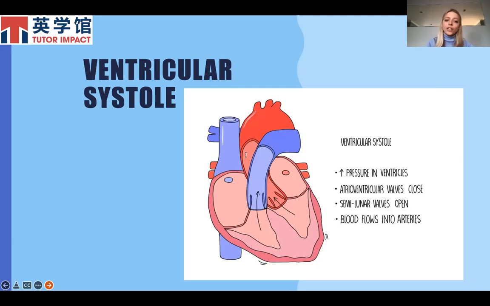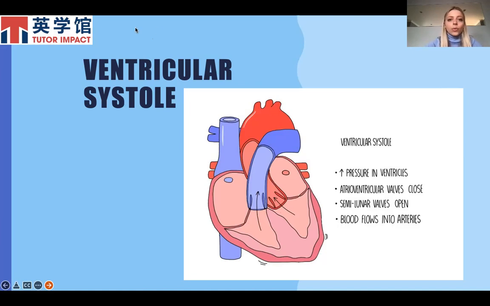So the atrioventricular valves close and the semilunar valves open. The little half moon ones, which connect to the arteries, these then open. And what this means is that the blood is then forced out of the ventricles and into the arteries.